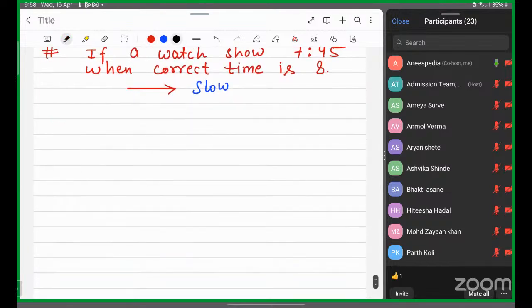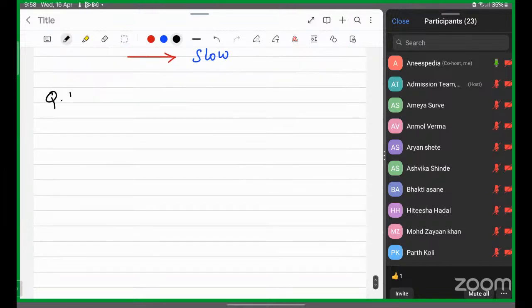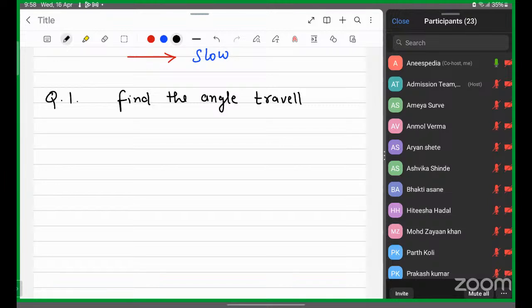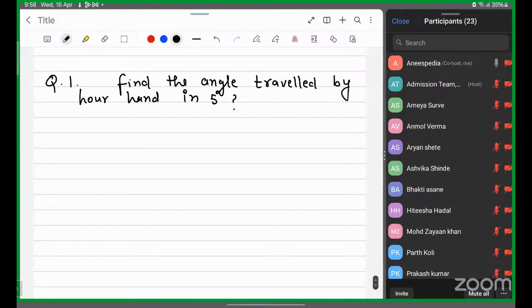Okay, let's do some questions. Question number 1. Find the angle traveled by the hour hand in 5 minutes. What will be the answer?